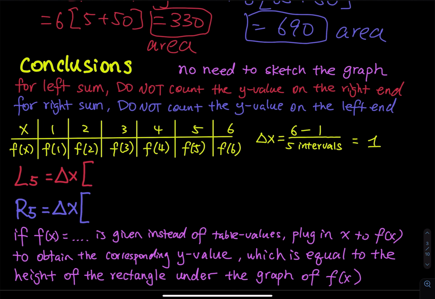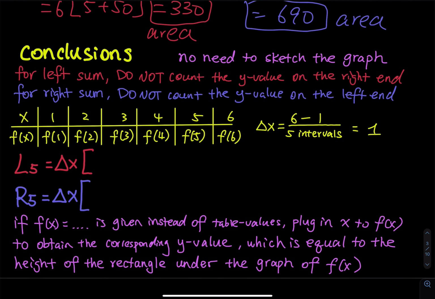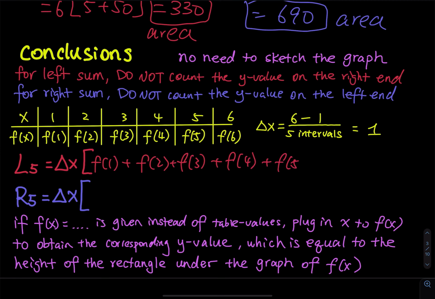All right, and then for example, let's say we have a table value like this. You don't even need to sketch the graph. Let's suppose that we are using 5 subintervals, and delta x is equal to 1. For the left sum, using 5 intervals, all we have to do is use f of 1 plus f of 2 plus f of 3 plus f of 4 and then plus f of 5.